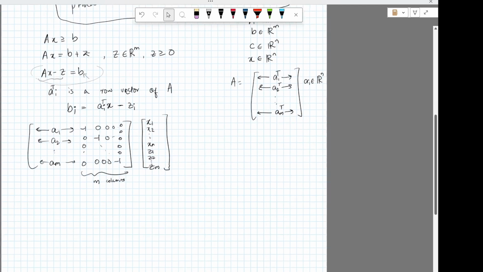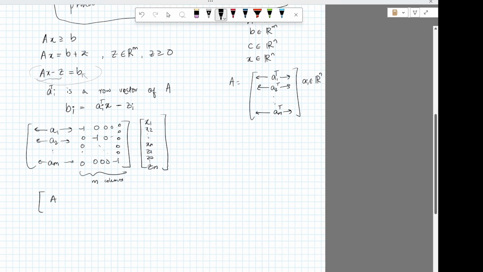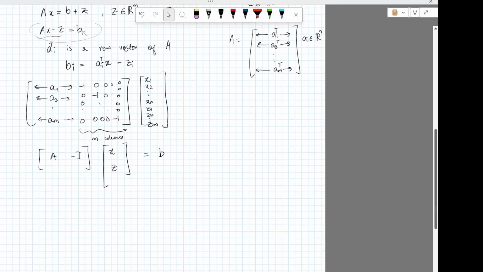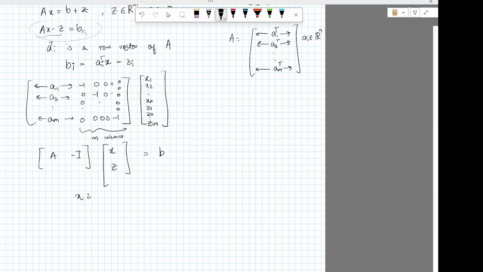So basically this is of this form: A, minus I, times x, z is equal to b. And my x is greater than or equal to 0, z is greater than or equal to 0.